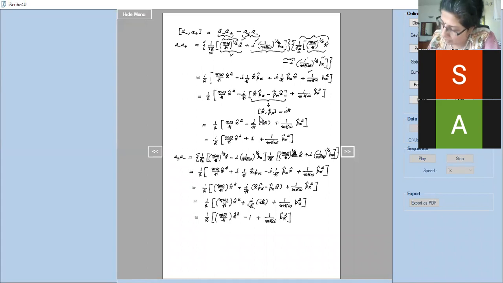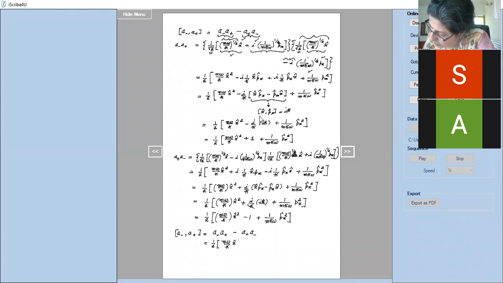Now what is the commutator between a minus and a plus? It is nothing but a minus a plus minus a plus a minus. Okay, so let us write it down. This is going to be half m omega by h cross x square plus 1 plus 1 upon m h cross omega px square, right?